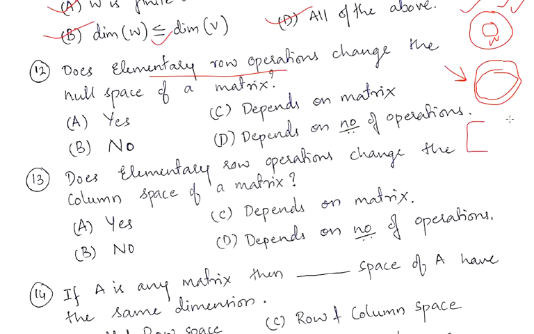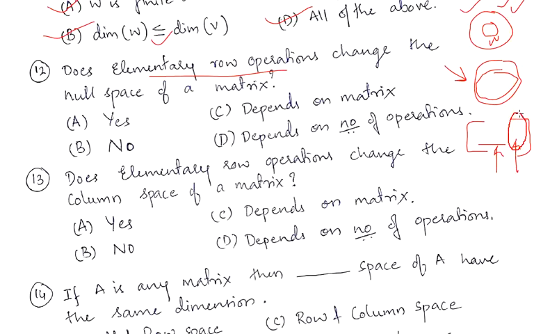If you remember, when you perform row operations to get the upper triangular matrix, you got pivot columns and free variables. The free variables gave the null space. So after row operations, the null space will never change.